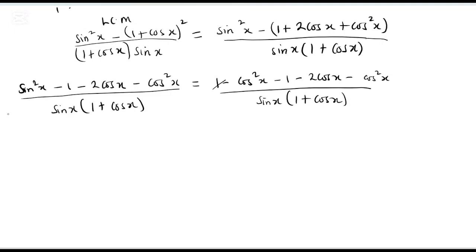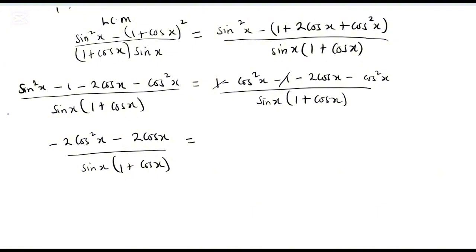So 1 cancels out 1, minus cos squared x minus cos squared x, we have minus 2 cos squared x minus 2 cos x over sine x times 1 plus cos x.